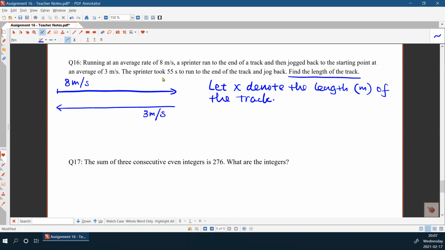Note that the total traveling time is 55 seconds, right? So what is the time traveled in the first segment? It's X over the average speed, which is 8, right?